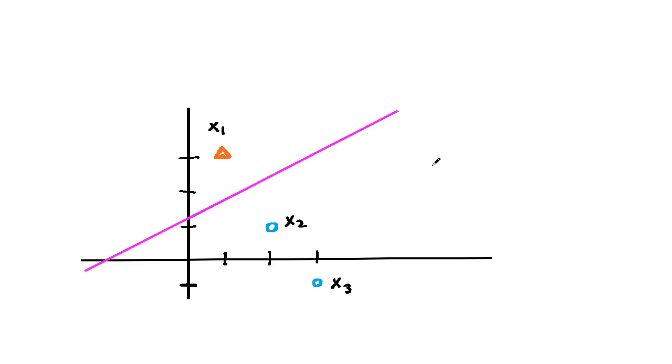Since alpha 1 and alpha 2 are non-zero, we have that x1 and x2 satisfy this equation. Let me write that here.